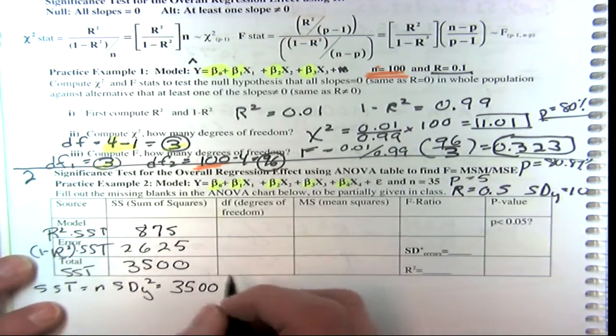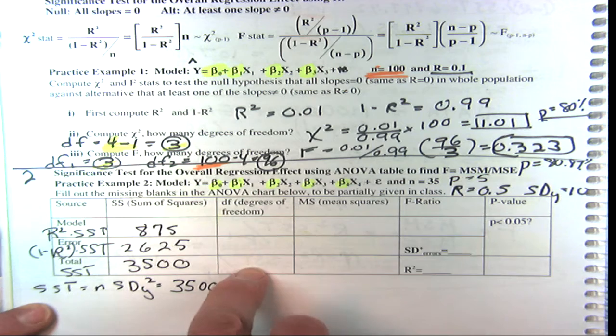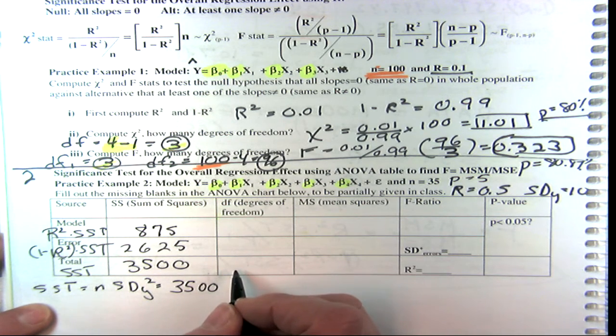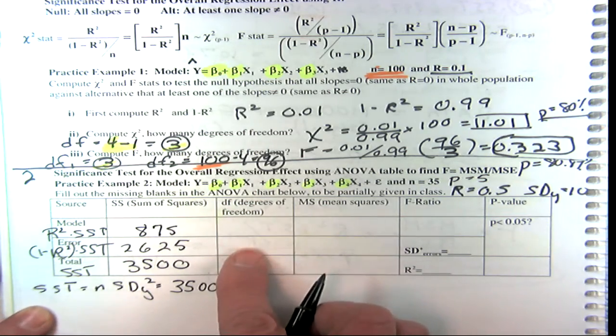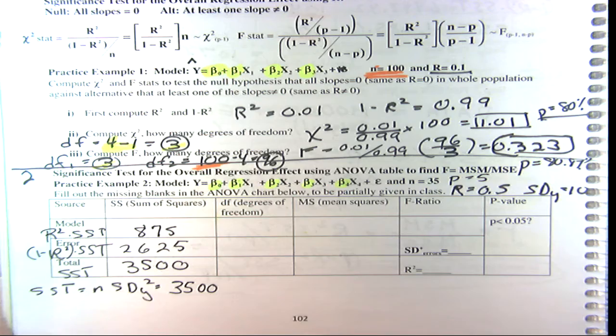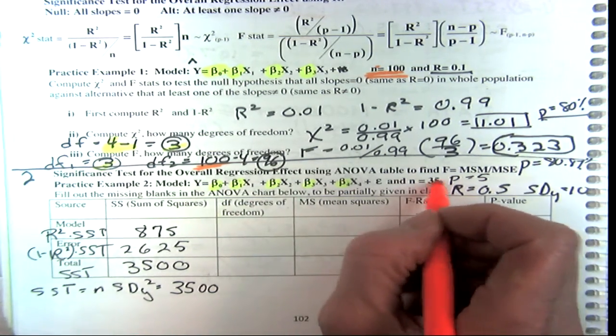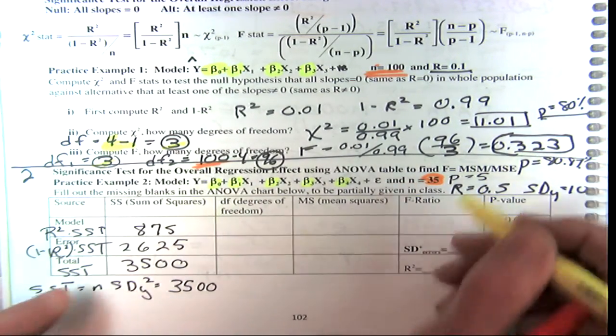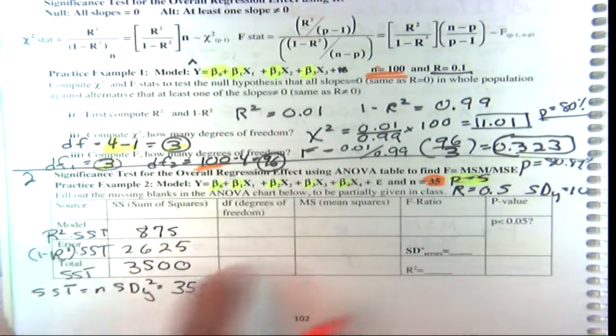Remember, this total one's always n minus 1. So that's going to be what? Where do we have n? Right there. Let's just highlight what we need here. So we need this, and we need this to fill in these, all right?